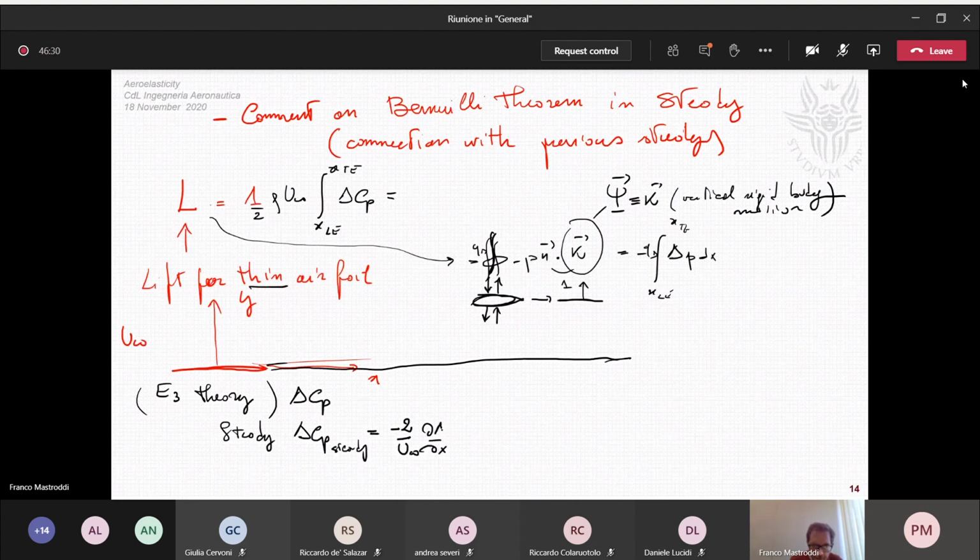And here we have the derivative of the delta potential, plus the unsteady part. Remember, here we have a part multiplying s or omega. And so in the steady case, this unsteady part is 0. So we have this definition for delta Cp.